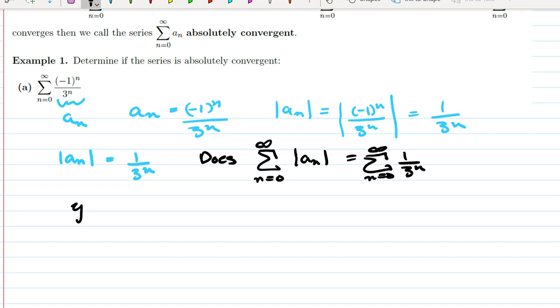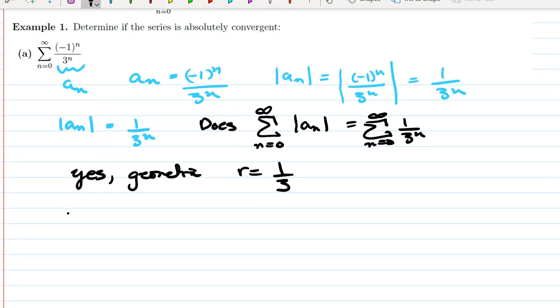The answer is yes, because it's geometric with r equal to 1/3. So the series is absolutely convergent.